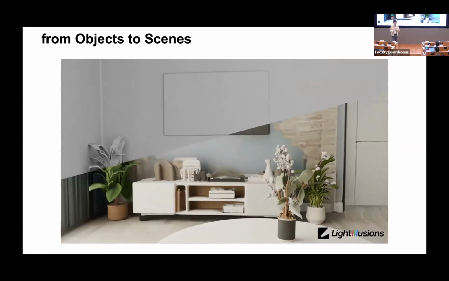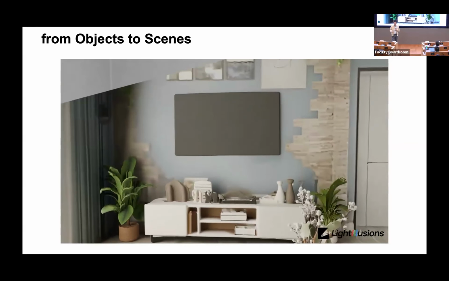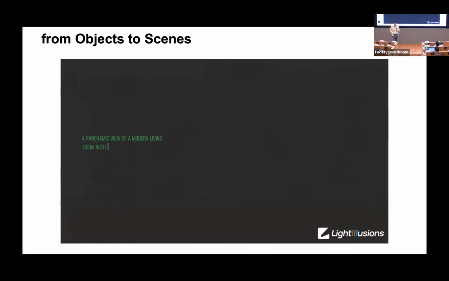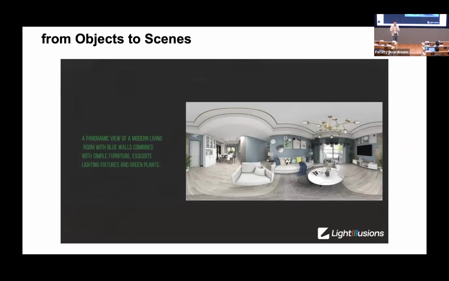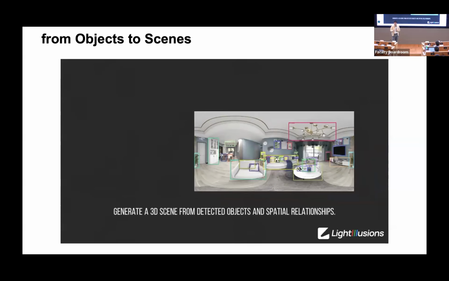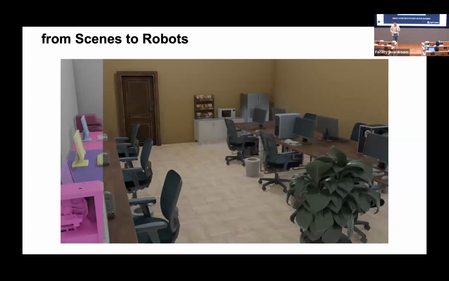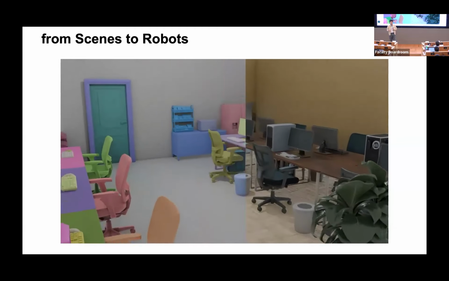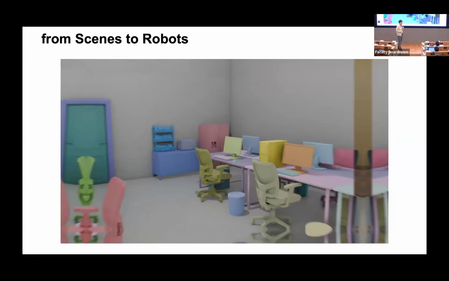The good part of this kind of 3D scene is that every individual object is separated. They can be manipulated. We don't have soft objects right now in the system, but it can support rigid manipulations like translations and rotations and so on.